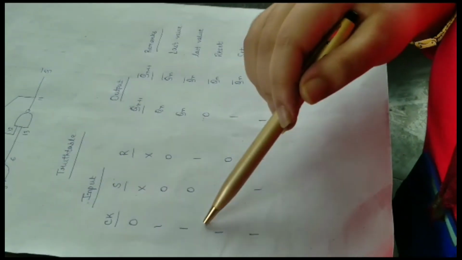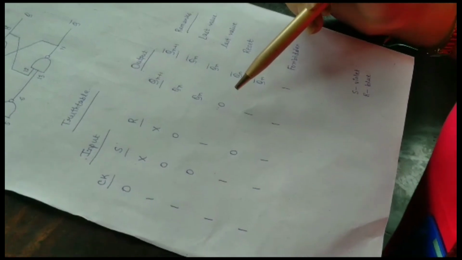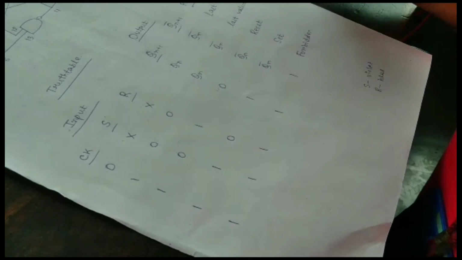Now I am giving the clock 1 and the S input is 0 and R input is 1. So this will give 0 output, which means reset. Now I am giving clock input as 1, S input as 1, R input as 0.